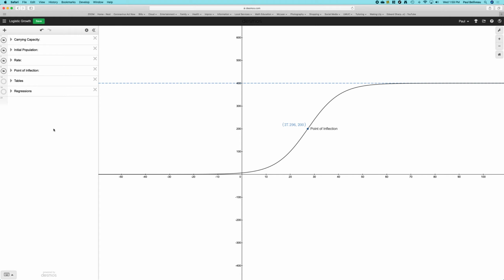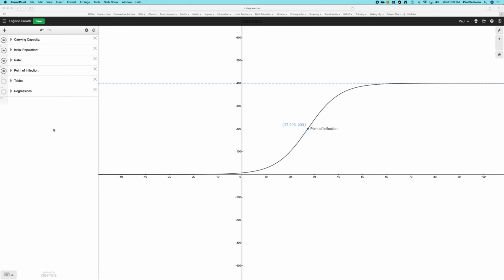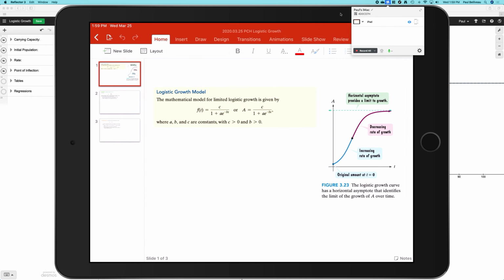What does this specifically look like? Well, some very clever people figured out that logistic growth could always be modeled by this particular function here. And the only difference between these two expressions of the function is whether you use the function notation or A for amount again, because all of these exponential growth, decay, and logistic models are all about the amount of something that you wind up with as time passes.